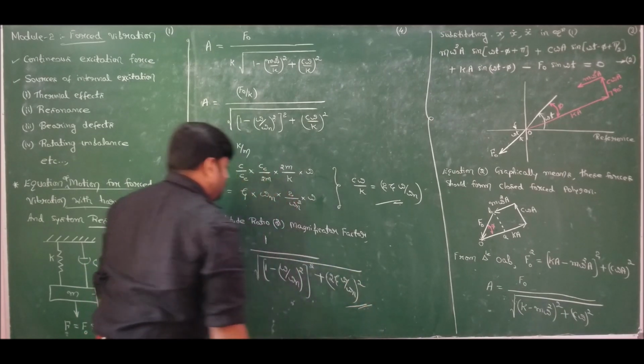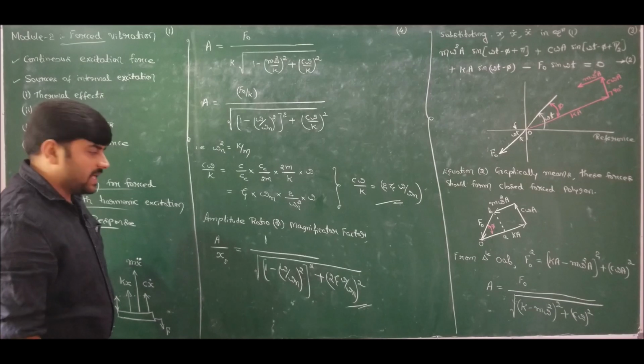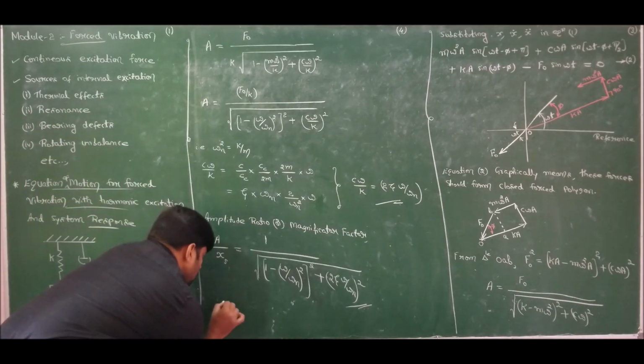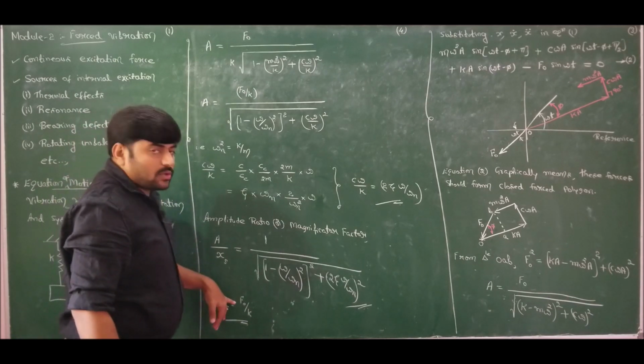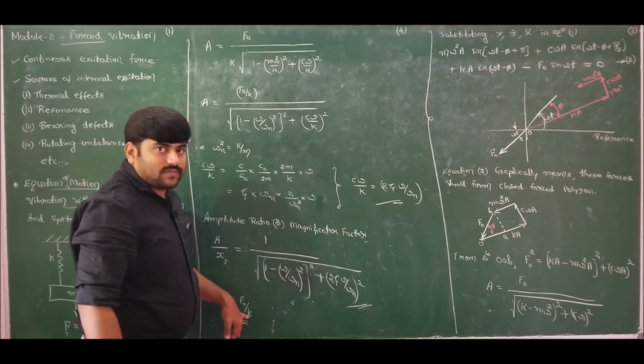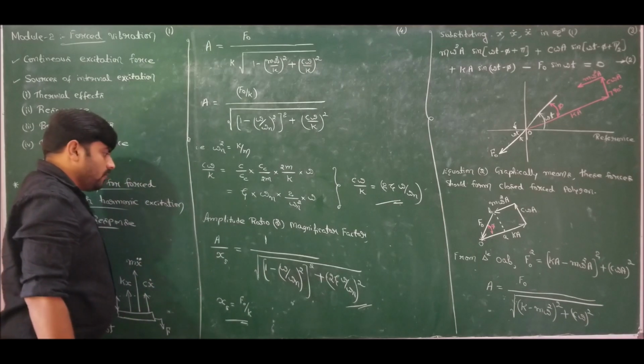So this is the expression for amplitude ratio or magnification factor, where static deflection XS is written as F naught by K, where F naught is the magnitude of force and K is the stiffness. Hope you followed.